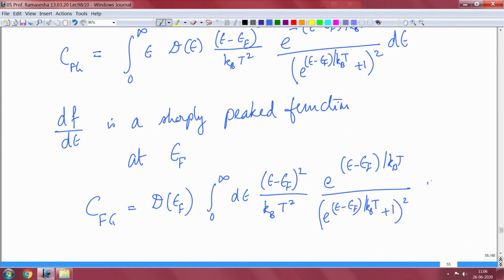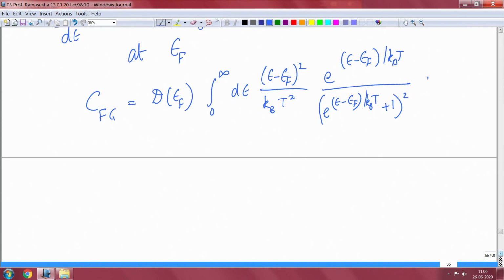So this is the integral that I am looking at. To actually solve this, I will change the variables and say that x equals (epsilon minus epsilon_F) by kBT. So I have dx equal to d epsilon by kBT.